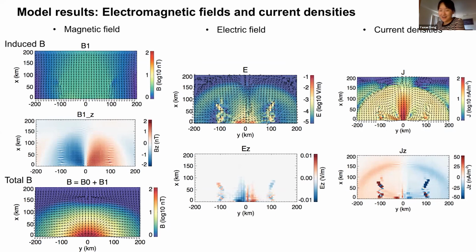But the point is, one is the energy input from the downward ion flow, and if the ionospheric ions are heavier, they require more energy to be accelerated. So I assume if all the other settings are exactly the same, if you have a heavier species for ionospheric ions, the potential drop would be smaller. But I haven't tried any other ion species for the ionospheric ions yet, but I can try that.